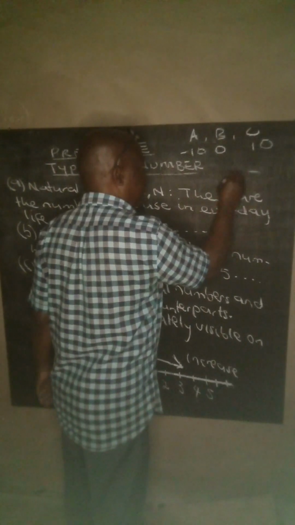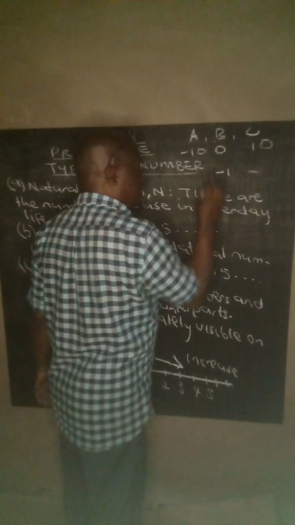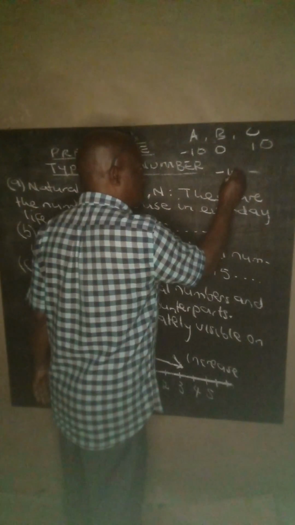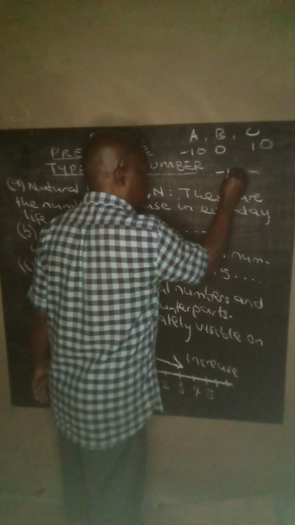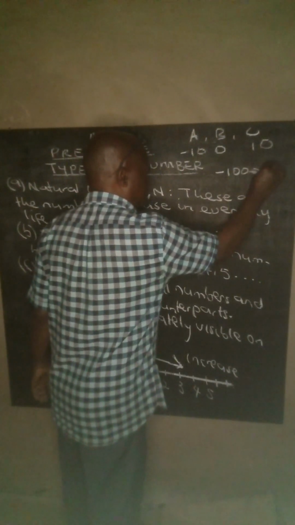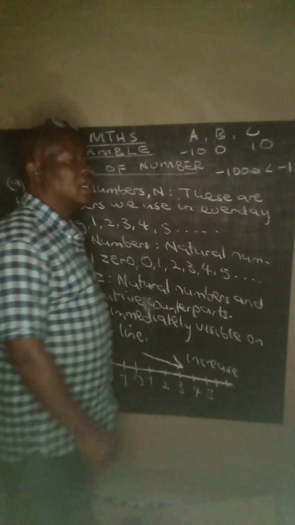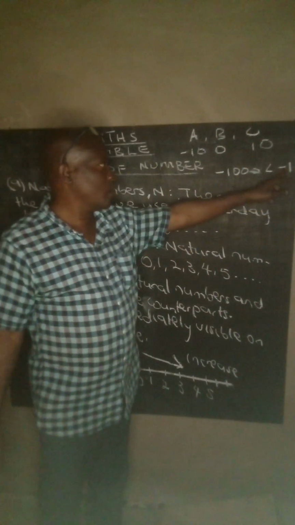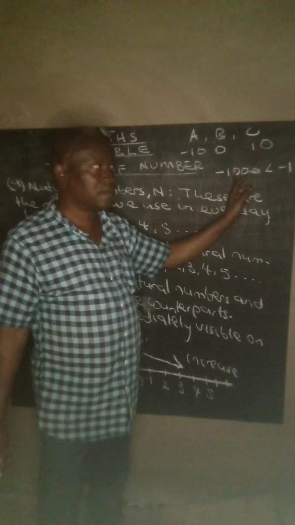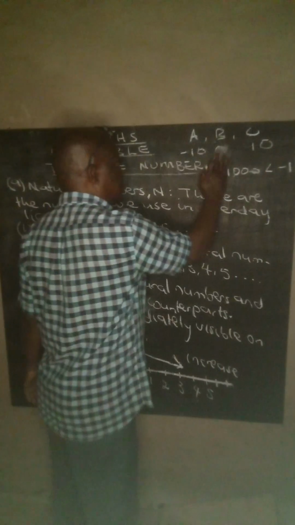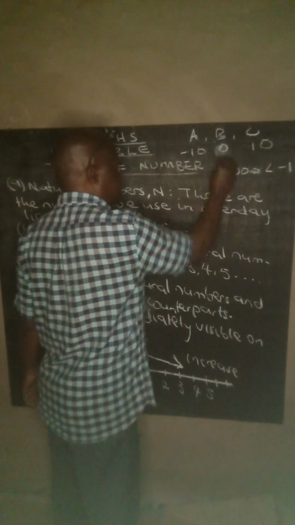Do you know why minus 1, are you following me now, should be greater than minus 1,000? Minus 1,000 should be less than what? Minus 1. That is, minus 1 should be greater than what? Minus 1,000. Let me go back again. This person A is not having anything on him.